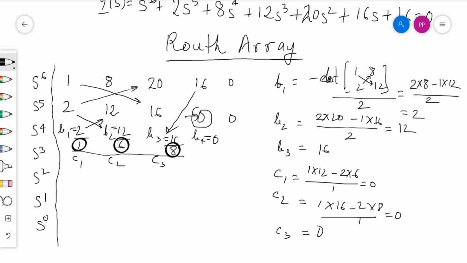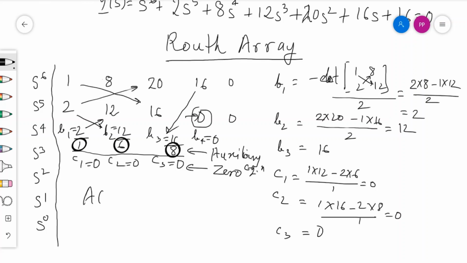So when the complete row is 0, we have a special case, and for such cases we have to define an auxiliary equation, which is obtained from the row above the row of 0. So how can we find it?